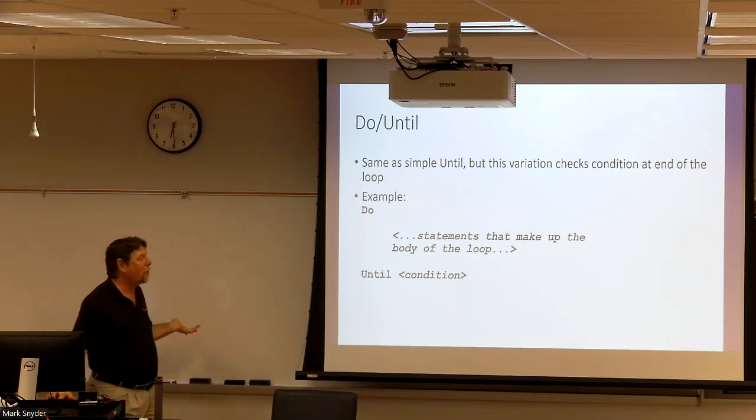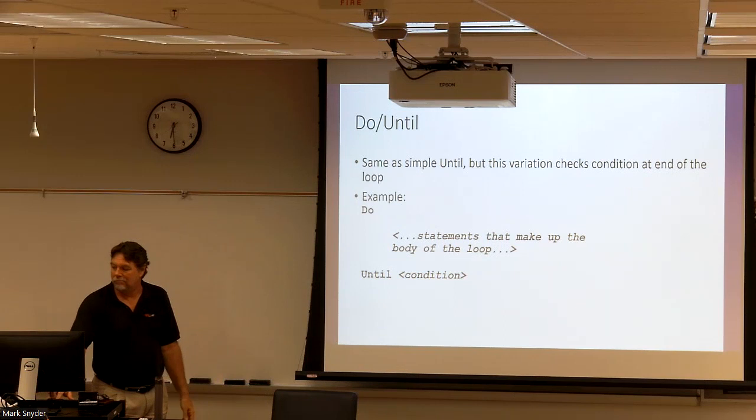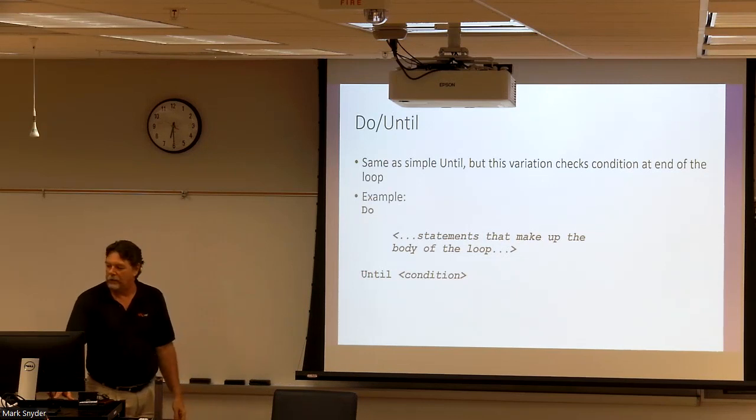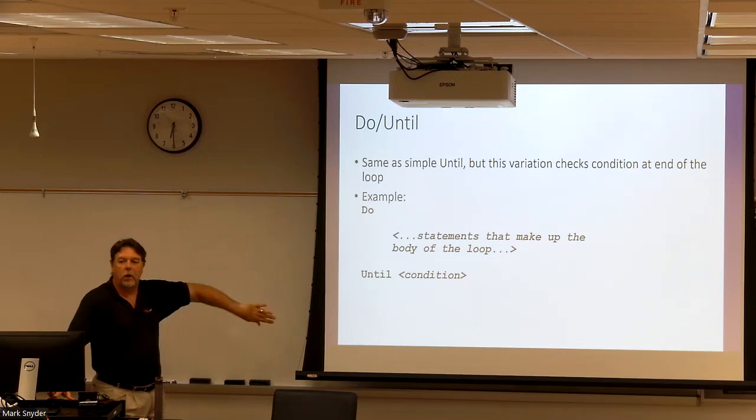And that's basically our 4 variations. Pretty simple. Now we do have the mid-loop test, which I'll point out when we get to it. But now we've seen the pre-loop test, the post-loop test, and then we've got the mid-loop test to come.